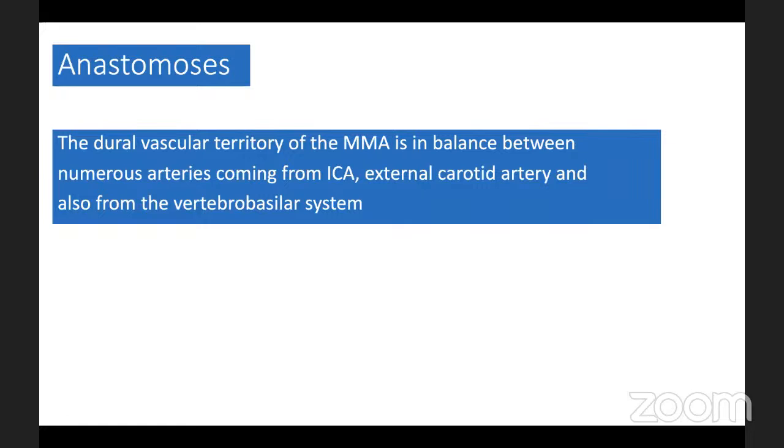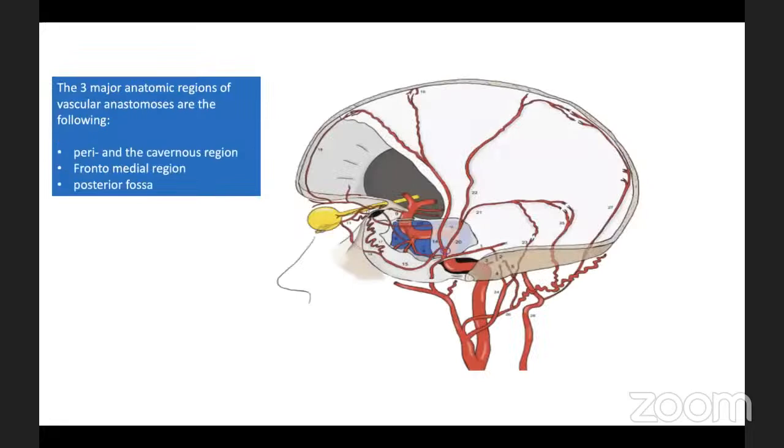So mainly the anastomosis is the important part. The dural vascular territory of MMA is in balance with numerous arteries which come from ICA, ECA, as well as from the posterior circulation. So here we can see the three major anastomotic regions are the pre and pericavernous region, the frontomedial region, and the posterior fossa.